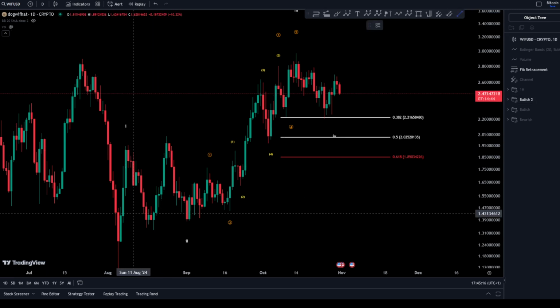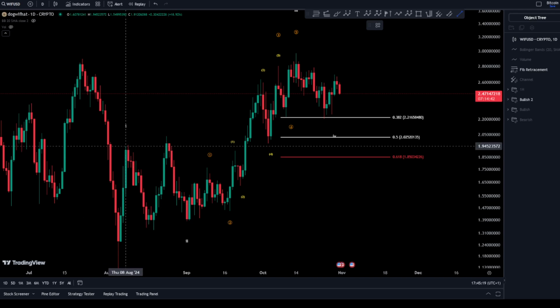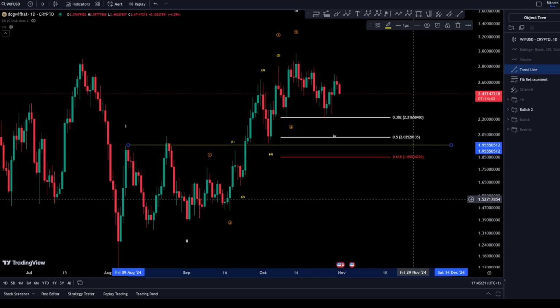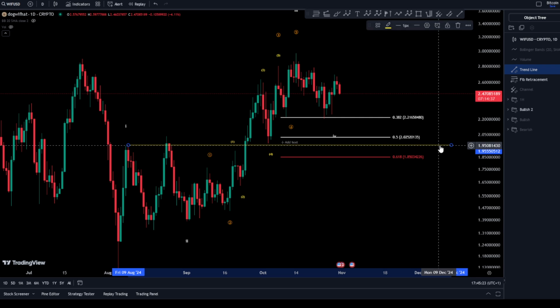In case this is 1 and 2, ABC for 2s, this is your invalidation point, which is at almost $1.95 for WIF. So let's add this invalidation of main impulse.